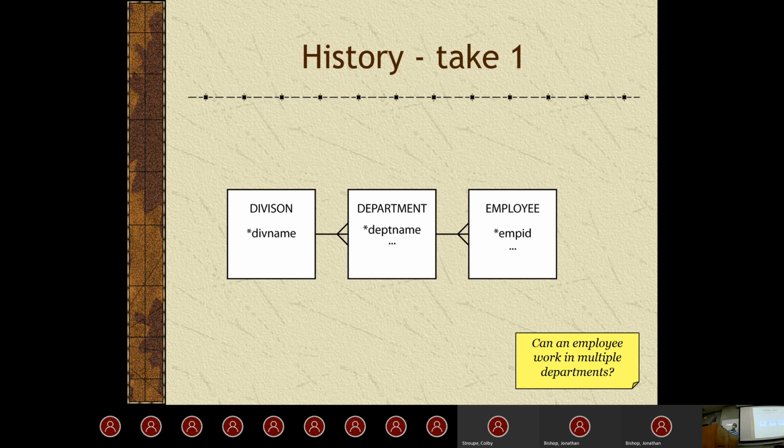Yeah, certainly. In a lot of cases, you won't be limited to working for one department. You may be working for several departments. Think about an academic institution. A lot of faculty have appointments in several different departments. There's lots of cases where one employee is not going to be limited to one department.